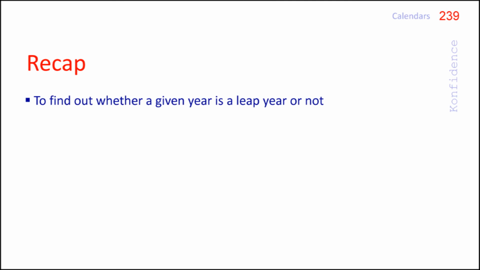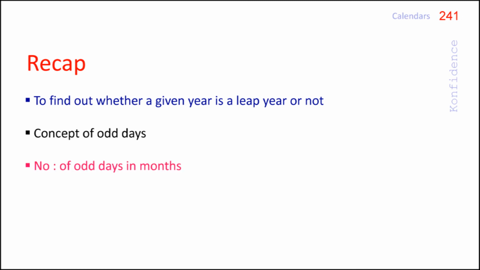Now, let us have a recap. First, in this session, we understood how to find out whether a given year is a leap year or not. There are a few conditions that we need to check and we went through those. Next, we looked at the concept of odd days and got ourselves familiarized with it.